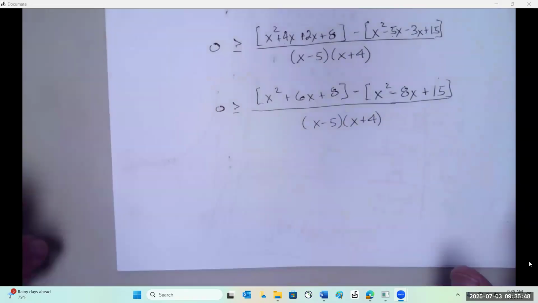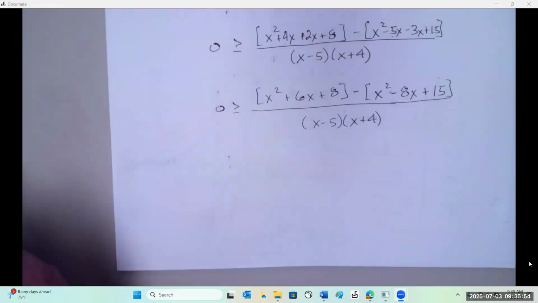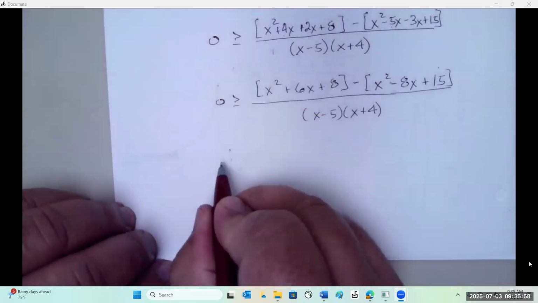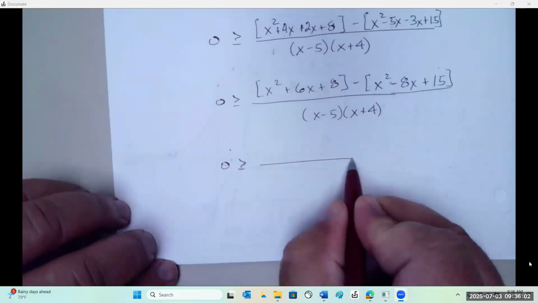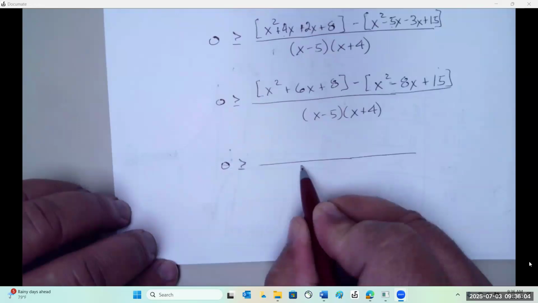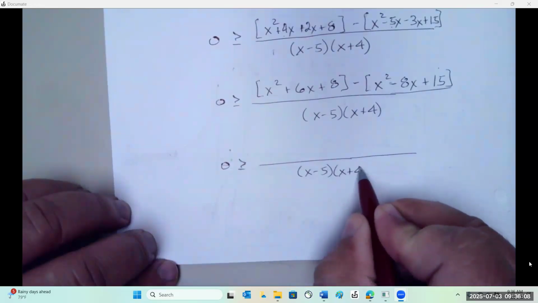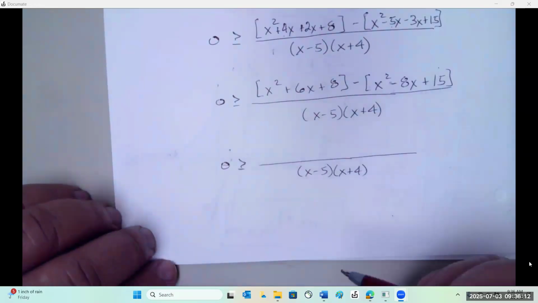Try not to bobblehead. Try to do it yourself. Just use mine to check your answers. Because let's see what you know, not what I know. The bottom stays the same. Nothing happens there. I can't do anything else inside the brackets and the parentheses.